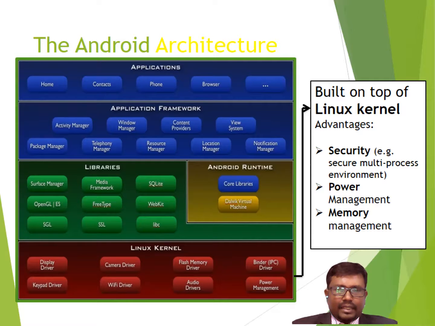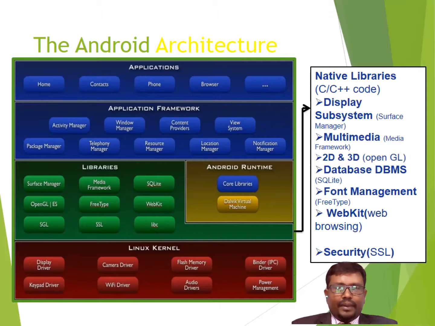Okay, then the next layer, that is the native libraries. The native libraries are the libraries which are predefined and available in the operating system itself. There are a few libraries which developers can code and create themselves, and then add. Other than that, there are predefined libraries. For example, font management, 2D and 3D, database management, multimedia management, right?